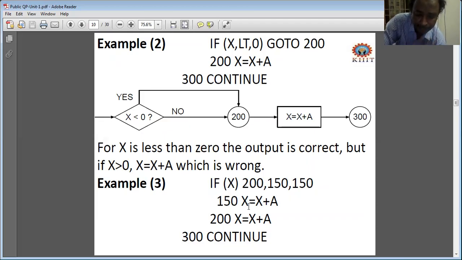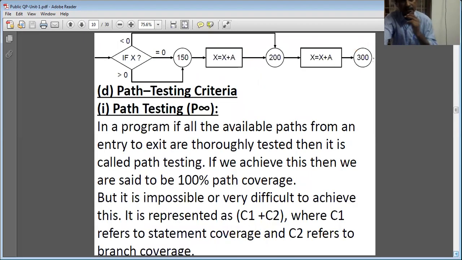So example 3. If x, 200, 150 and 150. That is 150 x equal to x plus a, 200 x equal to x plus a, 300 it is continuing. Less than 0 it comes to 200, equal to 0 it comes to 150, greater than 0 it comes to 150.